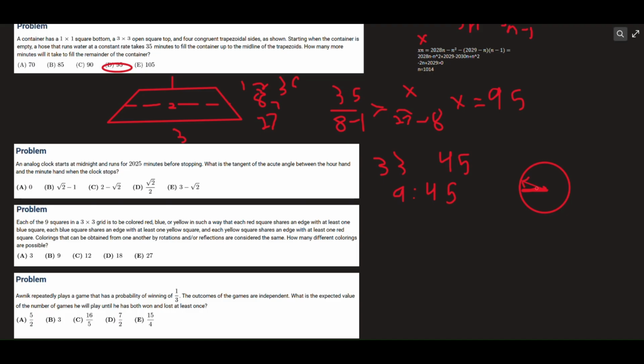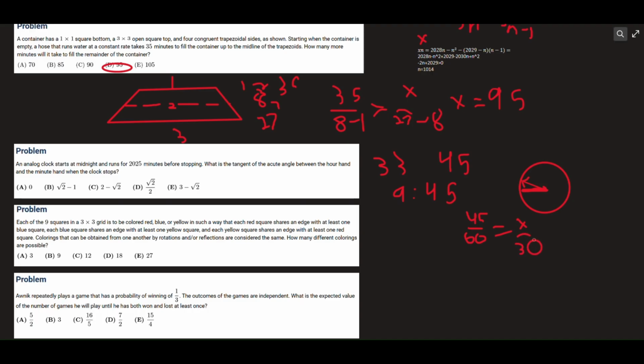So what we do with this is that we know that for every 60 minutes, the hour hand moves 30 degrees because it moves 12 times. So since every 60 minutes it moves 30 degrees, we have 45 over 60 equals x over 30.